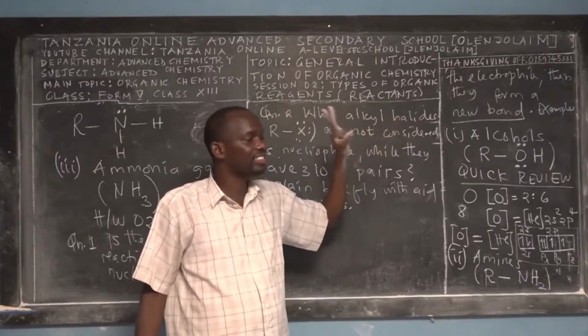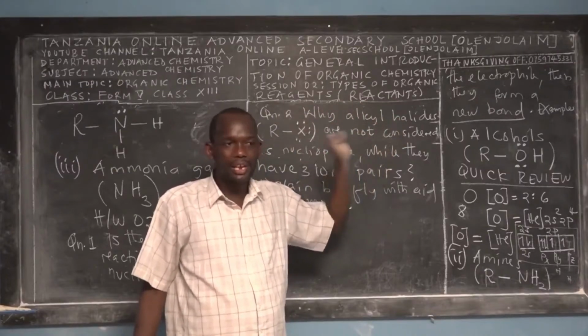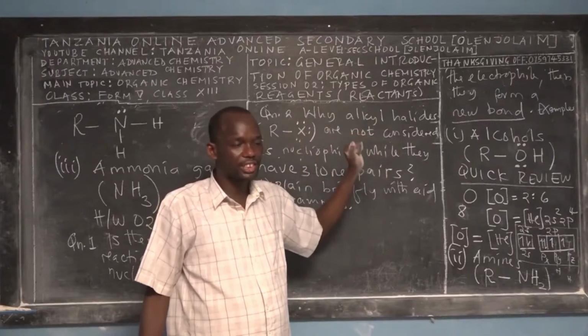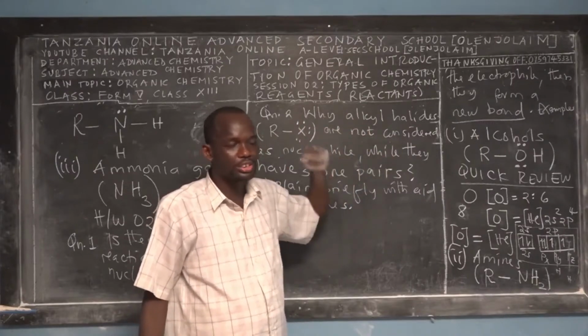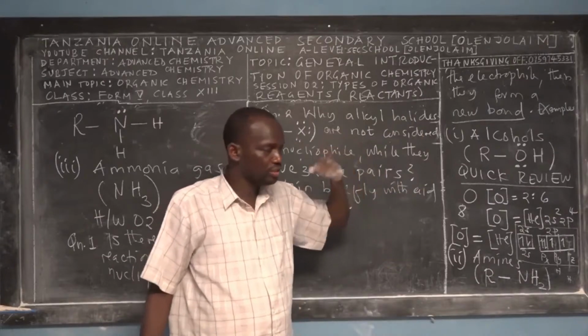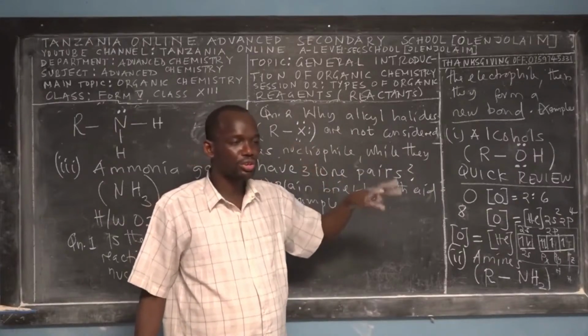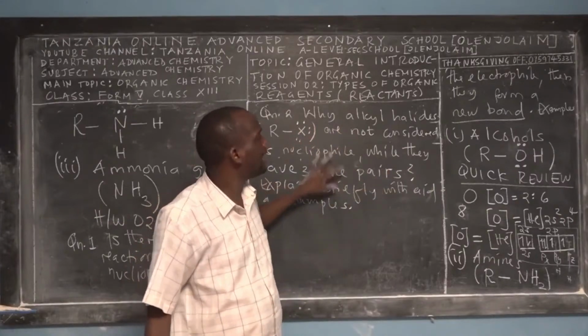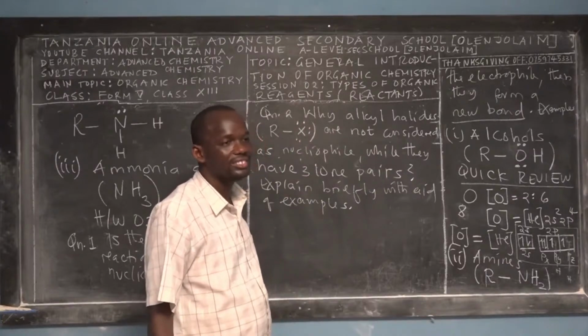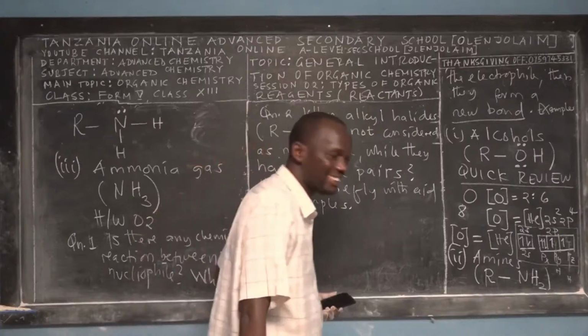They contain 3 lone pairs. It means that 6 valence electrons of halogens do not take part in what? Formation of a simple, or we call it normal, covalent bond. So they have in total 3 lone pairs. Why are they not considered as nucleophiles? Because they are not nucleophiles. Did you mention them as an example of nucleophile?